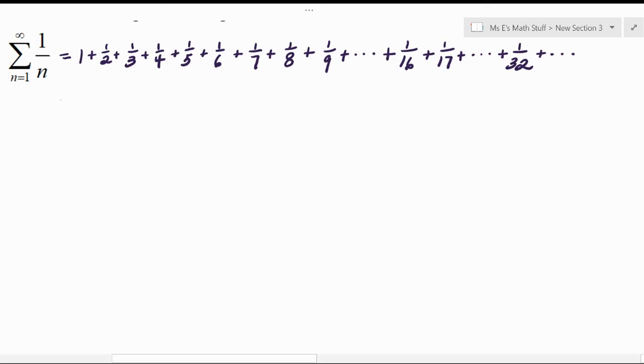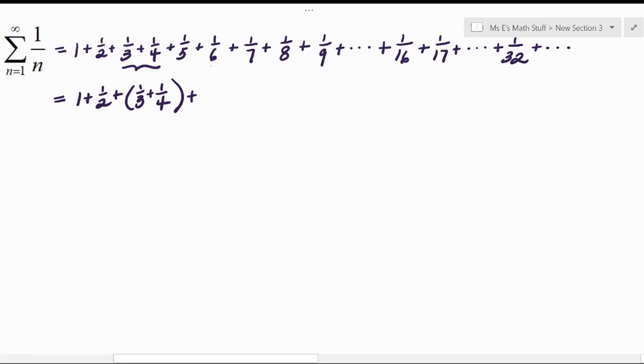And then I'm going to group it strategically. So 1 plus 1/2, and then I'm going to group 1/3 and 1/4 together. And then I'm going to group 1/5, 1/6, 1/7, and 1/8 together.